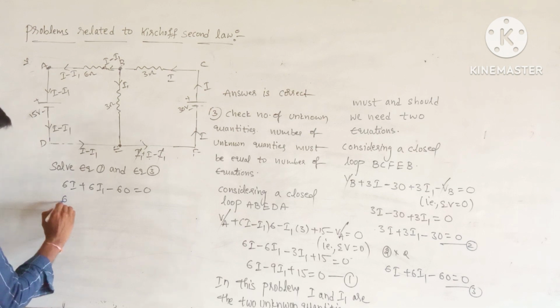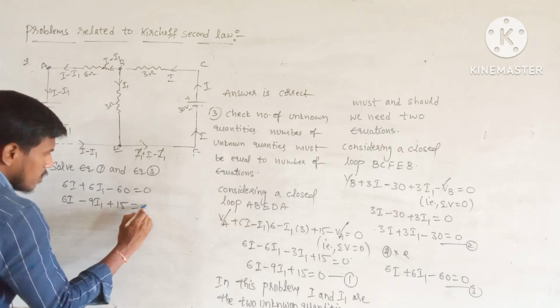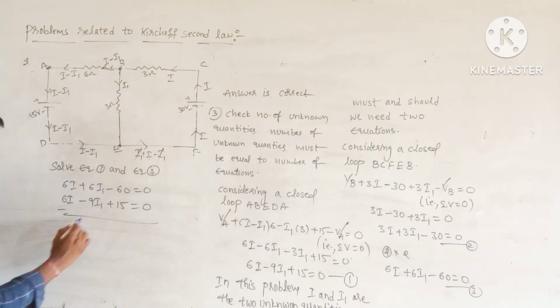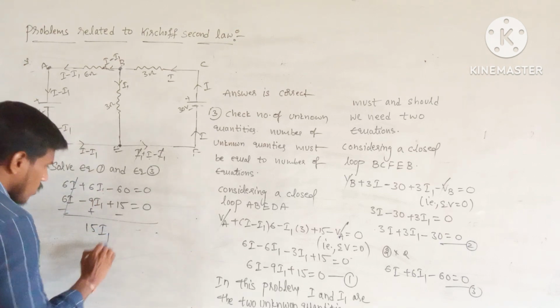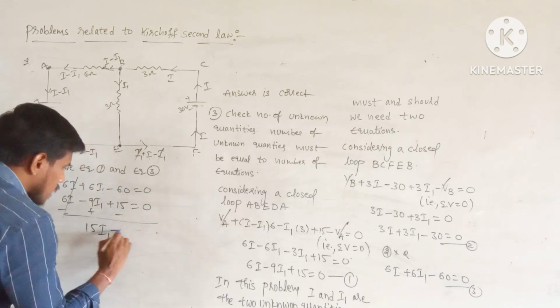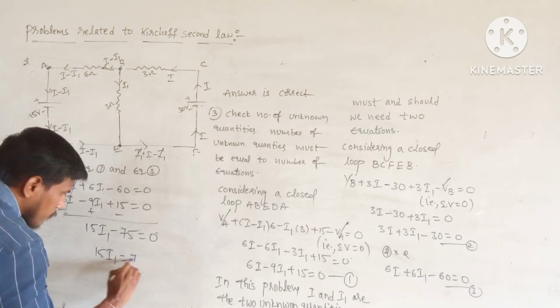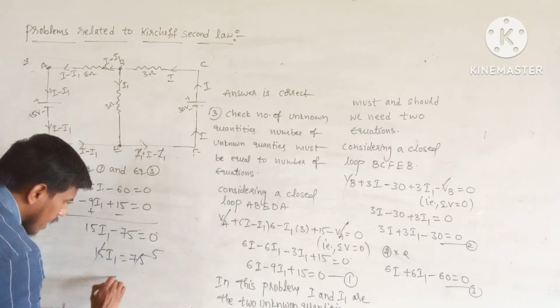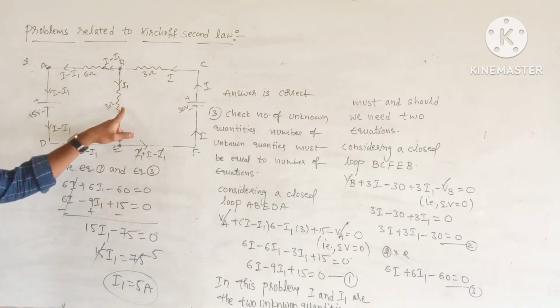Equation number 1 is 6I minus 9I1 plus 15 equals 0. Subtracting, 6I minus 6I cancel. Okay students? Plus 6I1 plus 9I1 gives 15I1, minus 60 minus 15 is minus 75, equal to 0. So 15I1 equals 75. 15 ones are 15, 15 fives are 75. I1 is equal to 5 amperes. So 5 amperes current is flowing through the 3 ohm resistor.